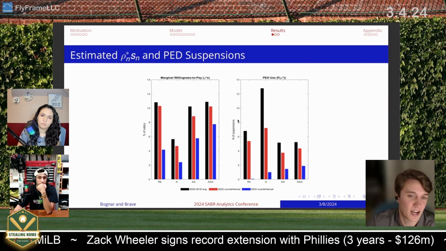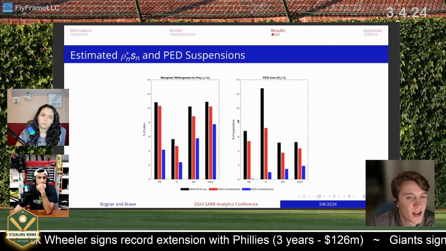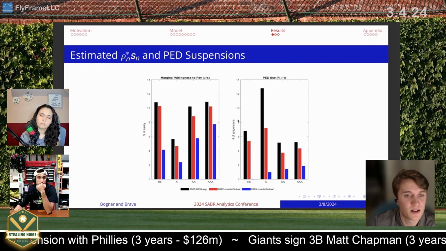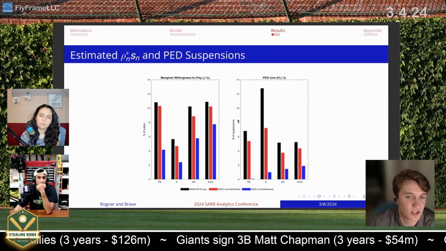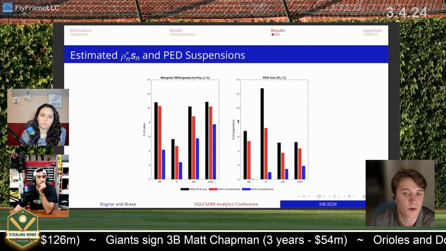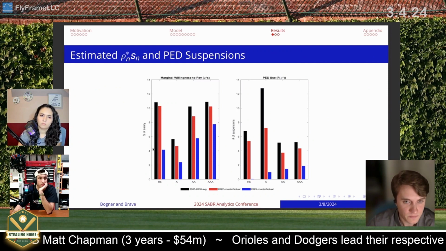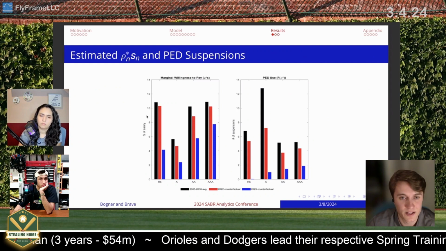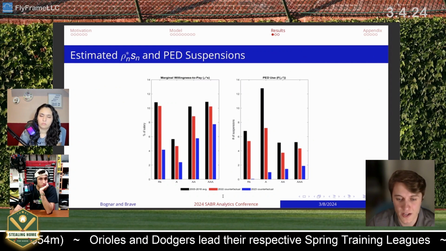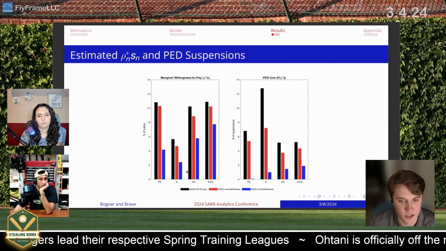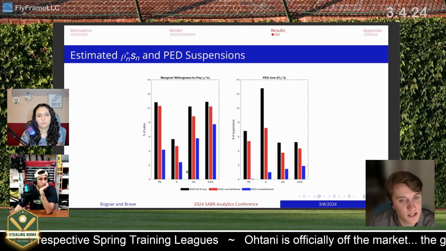And so this is our first inclination that it's probably the case that the correlation and the direction in which he thought things were going to move are still the case in 2022 and 2023. Of course, another thing to highlight from this is that with the new wage schedules in 2022 and 2023, we see significant reductions in the marginal willingness to pay for PEDs.